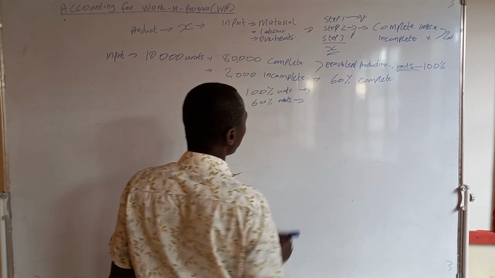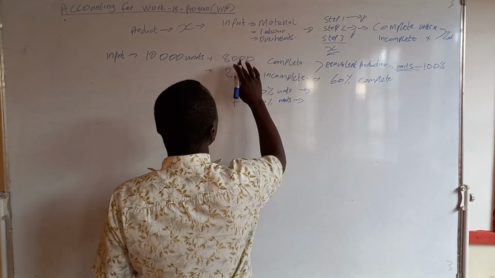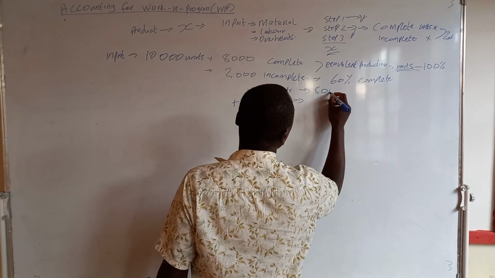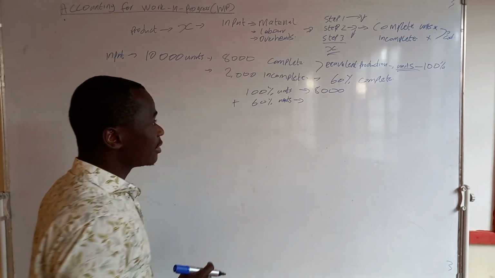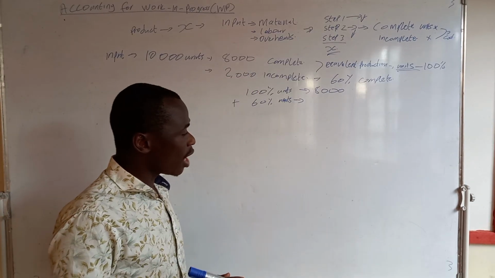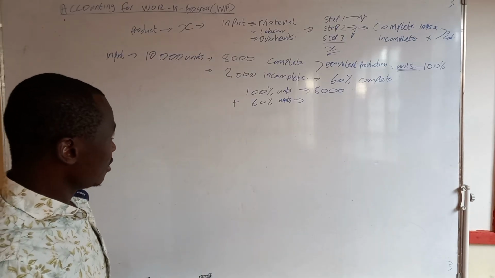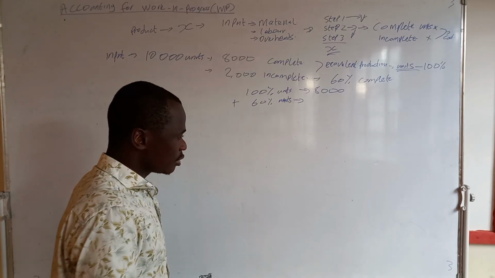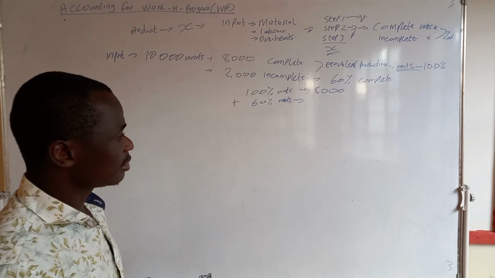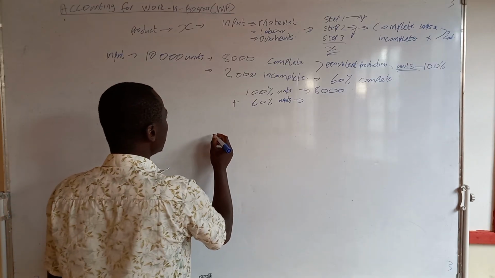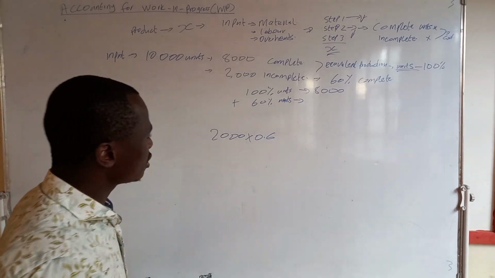The 100% is 8,000, plus 60% of 2,000. The 2,000 units were 60% complete, so you want to know the equivalent in units of that 60% that you are going to account for. That will be 2,000 times 0.6, or 60%.